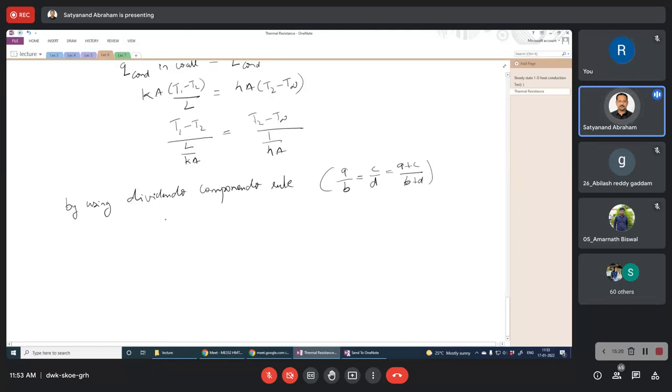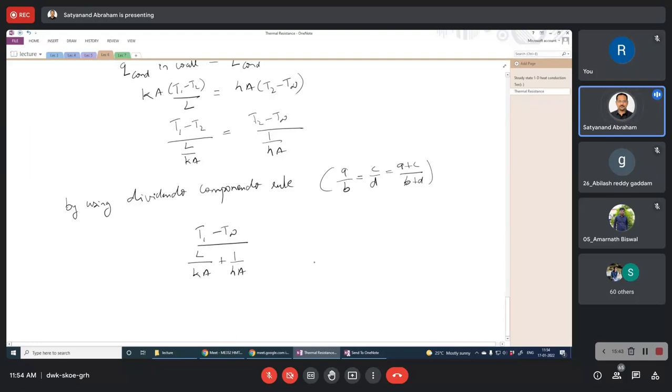If we do that, what we come up with is (T1 minus T infinity) divided by, because T2 will be cancelled, minus T2 is there, plus T2 is there, so those will be cancelled. Then we can write (T1 minus T infinity) divided by (L by k plus 1 by hA).